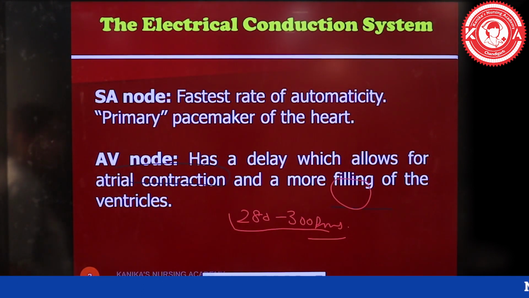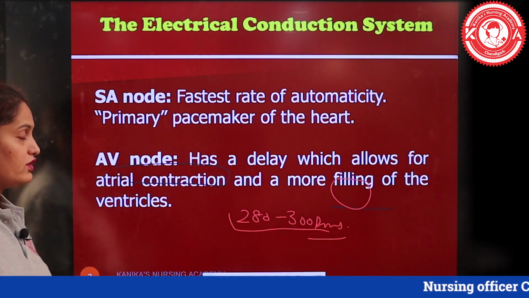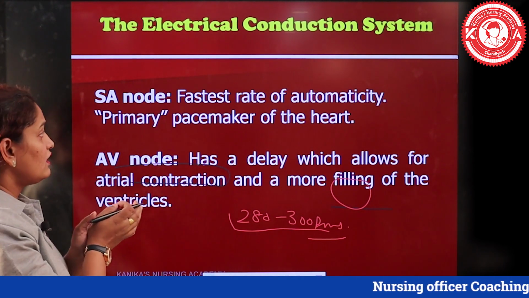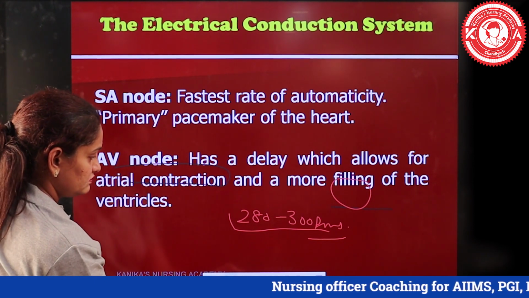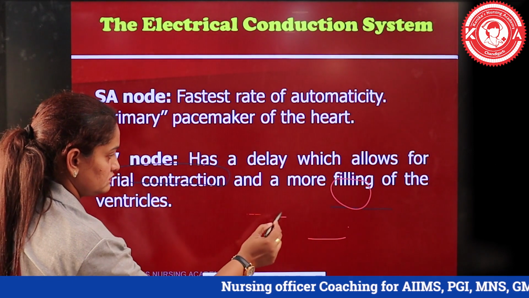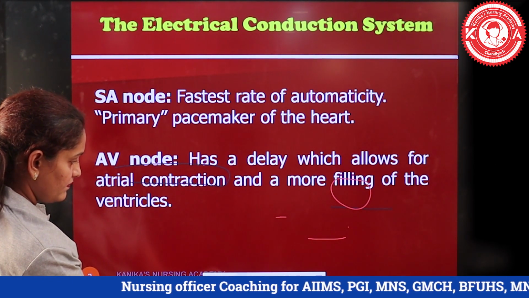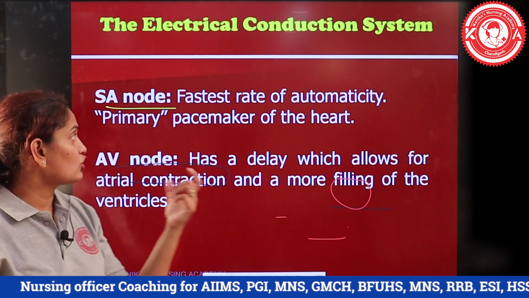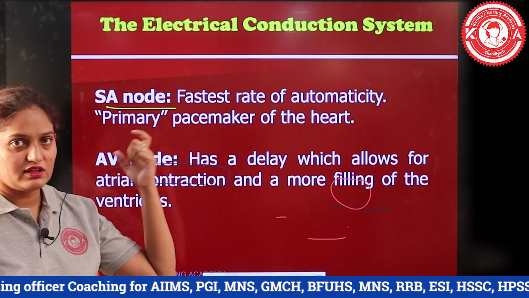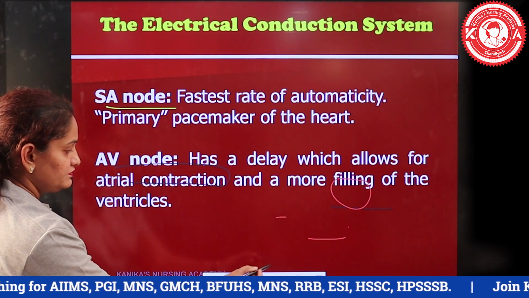Then let us discuss brief points about the characteristics of these areas which we have just seen in the previous slides. Here we can see that the SA node, because it has the fastest rate of automaticity, is known as the natural pacemaker of the heart.